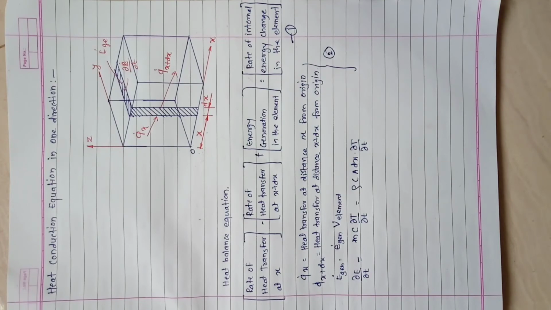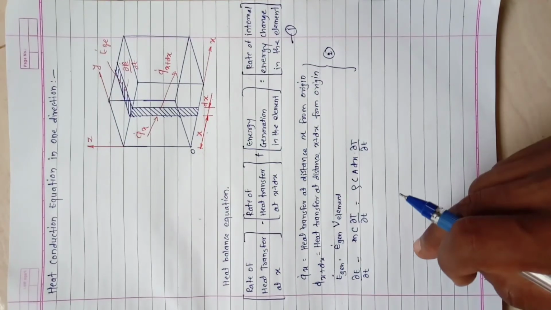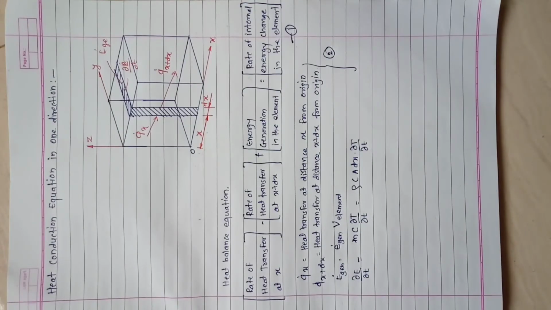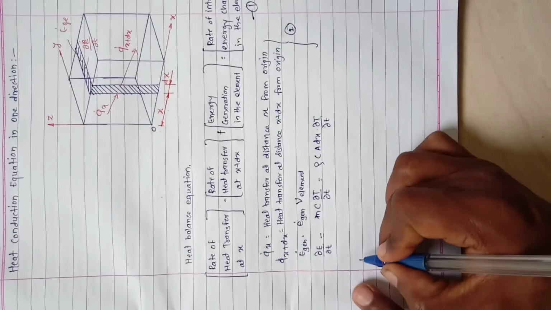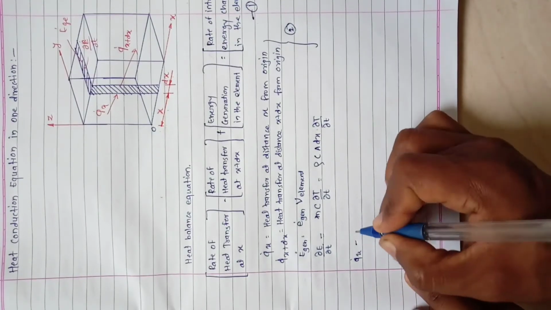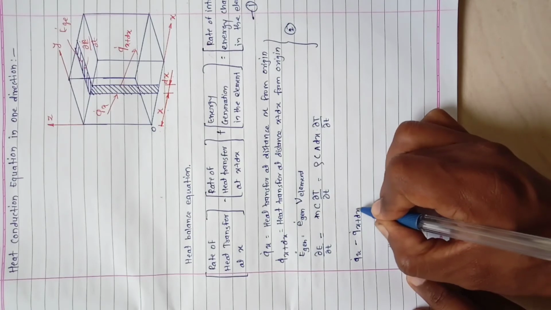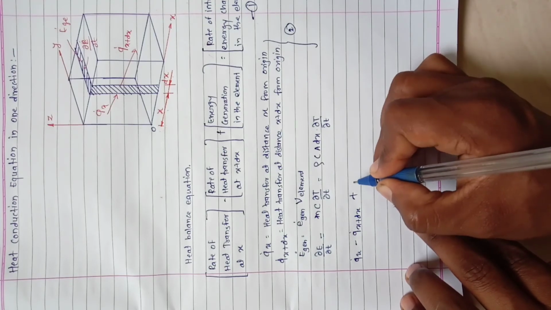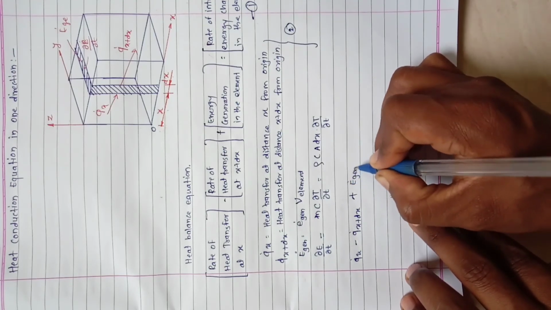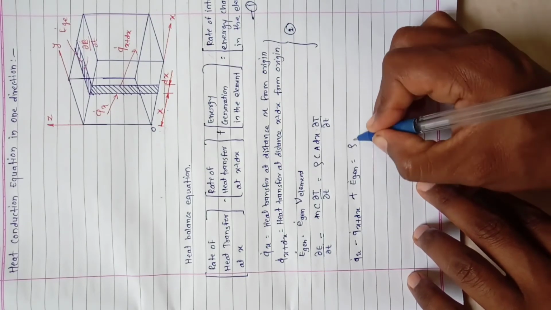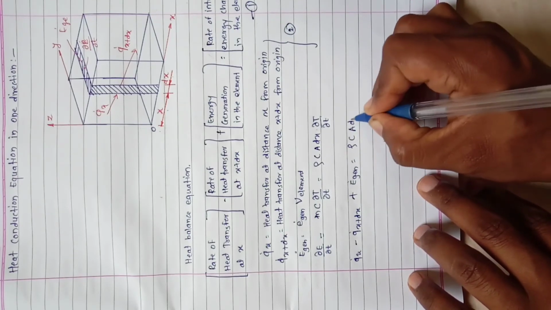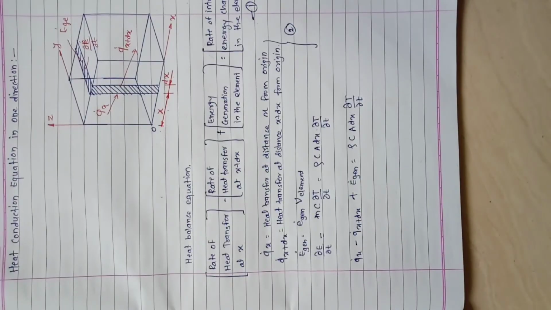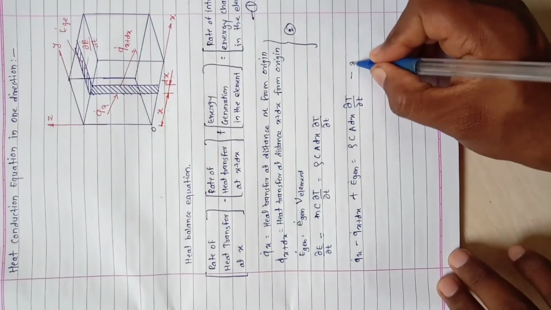Now we substitute these values into equation number 1. We get q dot x minus q dot x plus dx plus E dot generation is equal to rho C A dx dT by dt. This is our equation number 3.